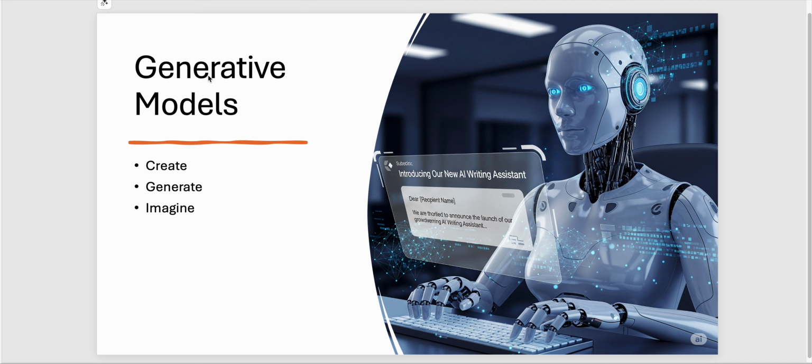Also, in images, instead of just saying that's a cat, it can generate a completely new realistic picture of a cat that never existed before. So, if discriminative models are critics, generative models are creators. They don't just judge, they imagine.